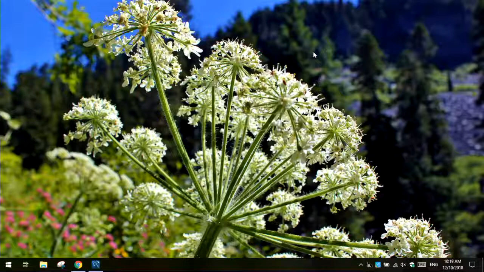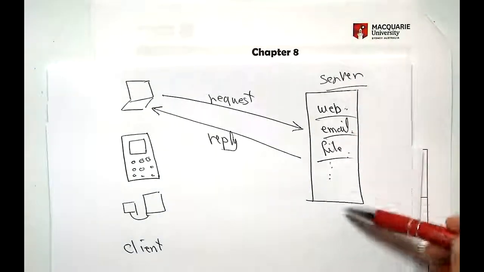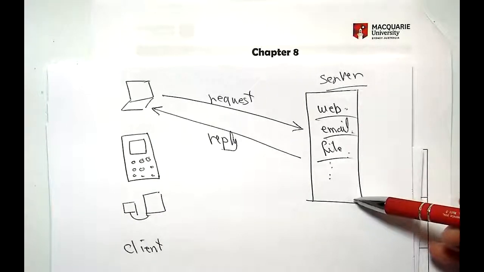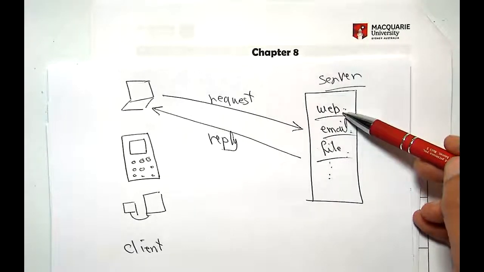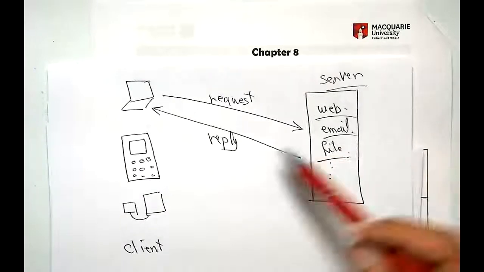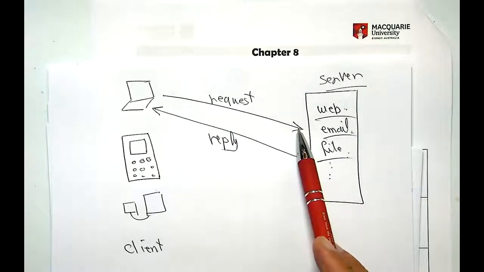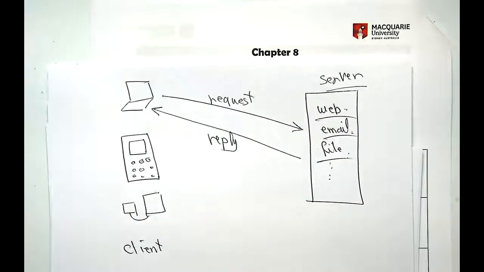So the server is a computing machine that has data, which could be web-based, like websites, or email-based, or file-based, and clients accessing the server request a website or email, and the server will reply with the required data. Okay?